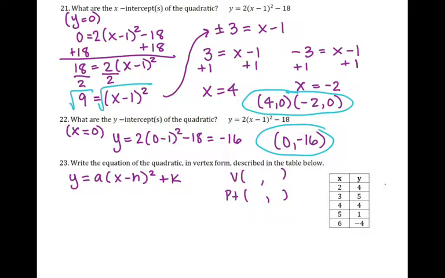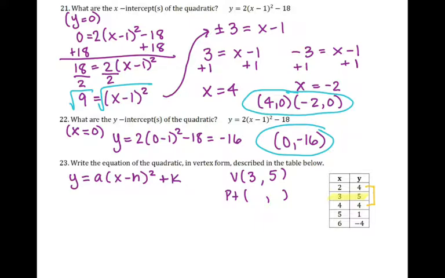So for my vertex, I'm looking for that sandwich again. That sandwich happens when you look at your y values and you see the same y values surrounding one of your other ones. So that is this (3, 5) over here. And I know it's the (3, 5) because my 5 is sandwiched between those 4s. So my vertex is (3, 5).